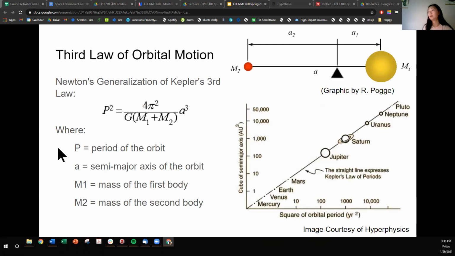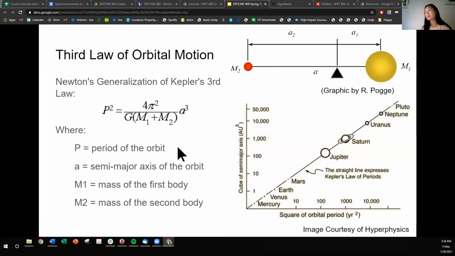The third law of orbital motion is this relationship between the period of an orbit and the semi-major axis of the orbit. The coefficients, you already know pi, you know the gravitational constant, and then we have the mass of the first body and the mass of the second body, where the mass of the first body can be the sun or a planet, and the mass of the second body could be a spacecraft or a planet.